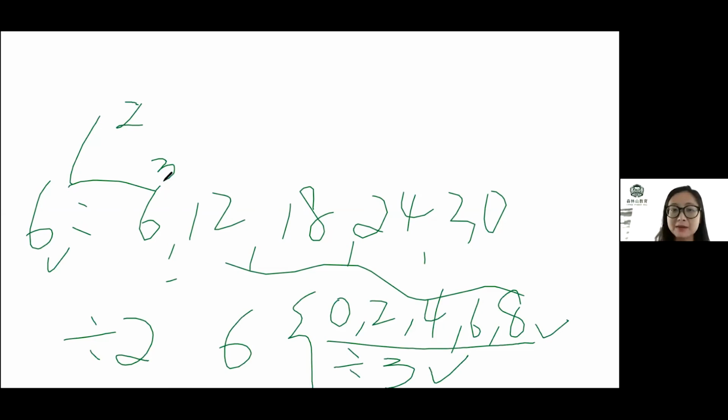For example, I make a number that is 2, 4, 5, 1. See, this number cannot be divided by 2, right? So it cannot be divided by 6 for sure. So what about this one? This number can be divided by 2, right? Can this one be divided by 3?